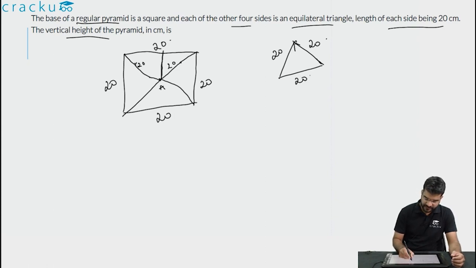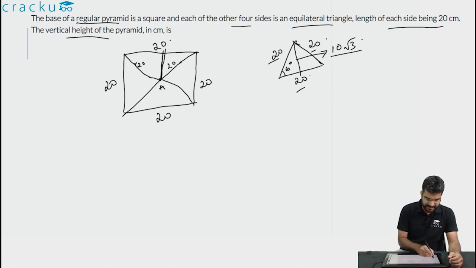So along one of those sides, if you draw a line from the apex to the bottom, which is bisecting the base, the length of this line will be 10 root 3, because that is the median of the equilateral triangle of side 20. You can calculate that quite easily because this is 60 degrees, and so this will be 20 into sine 60, that is 20 into root 3 by 2, so that will be 10 root 3.